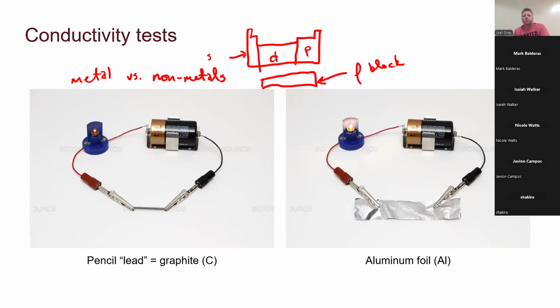We can also look at conductivity. Here's a simple apparatus with a battery, a power source, which I'm going to label PS. Electrons flow from the positive end to the negative end through here and ultimately hook up with this light, which is powered by this power source.